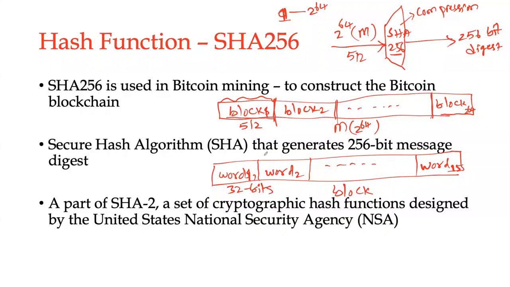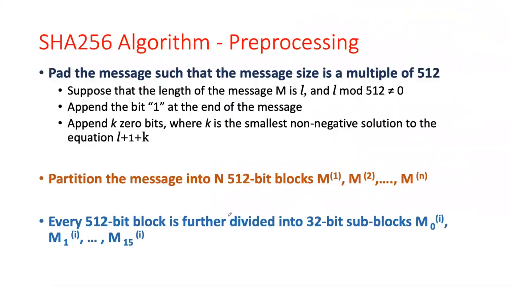So in pre-processing one, what it does is pad the message to make the length of the block 512 bits. If it is smaller than the required block size of 512 bits, you add some padding bits.